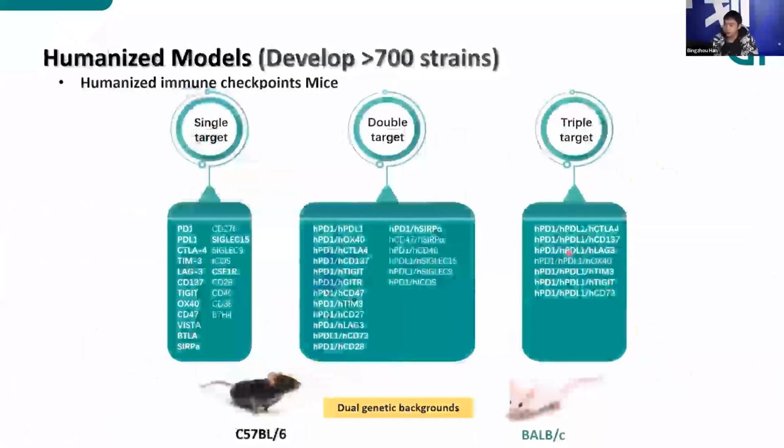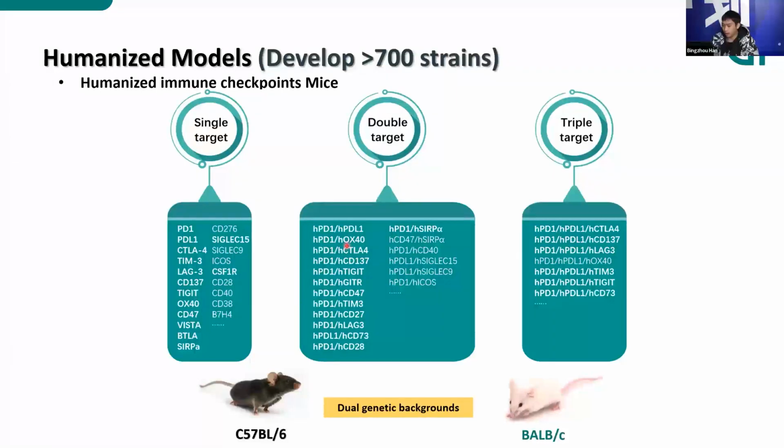So currently using these strategies, we aim to develop more than 700 humanized strains, and now we already have over 300 of them. And most of them are humanized immune checkpoint mouse strains. We developed the single target strains and then cross them together or generate new humanizations based on these strains to get double target and triple target strains.